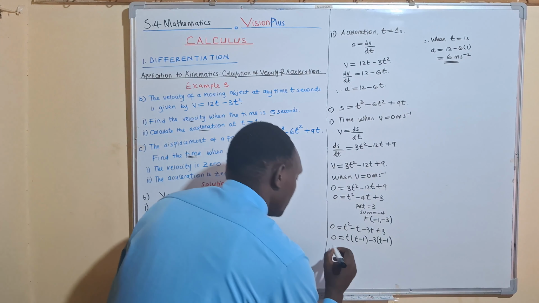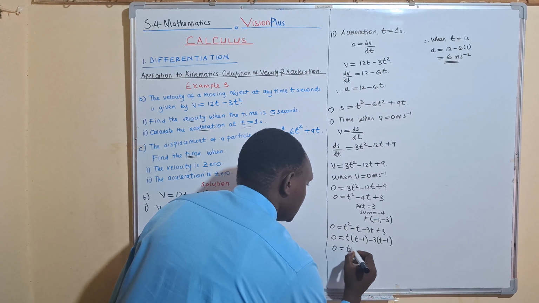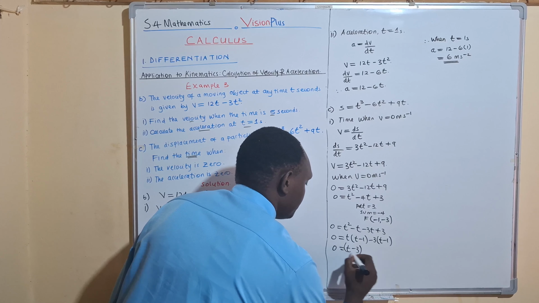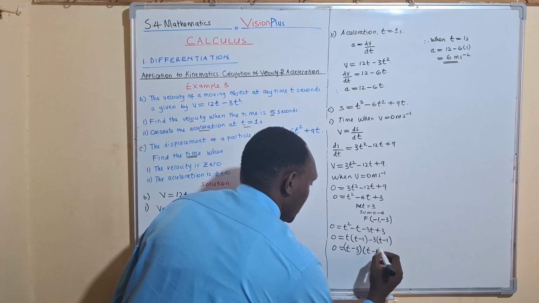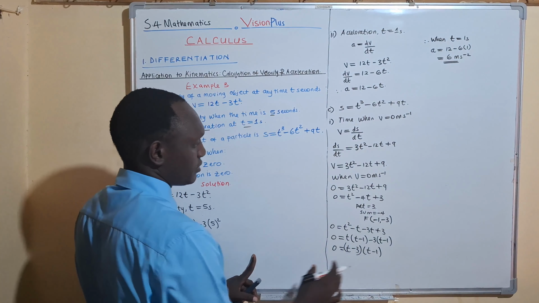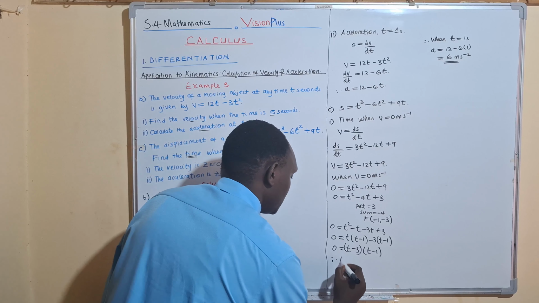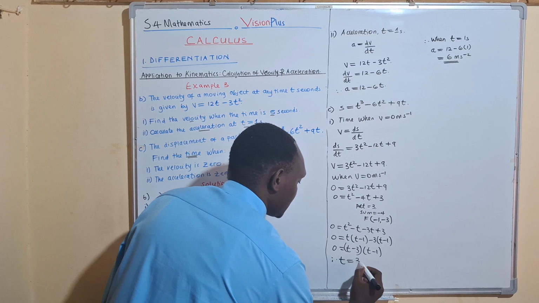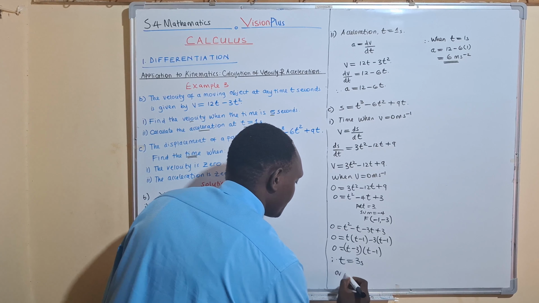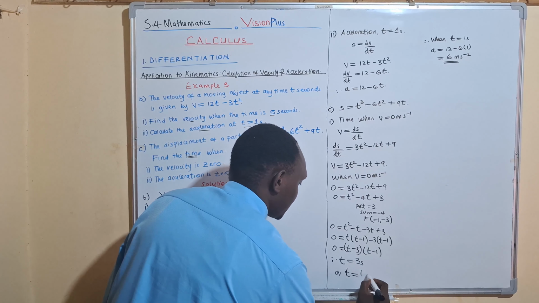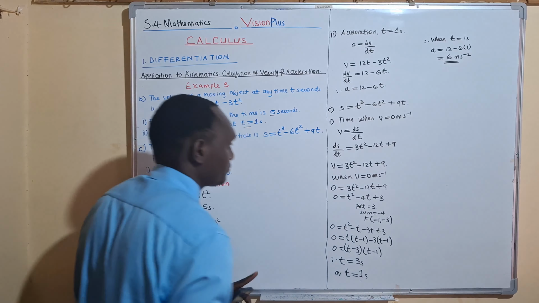So we'll have 0 equals (t minus 3)(t minus 1). So therefore, either t is 3 seconds or t is 1 second if you solve that.